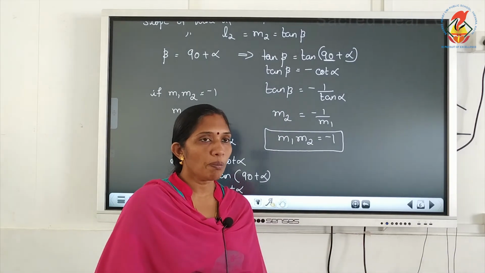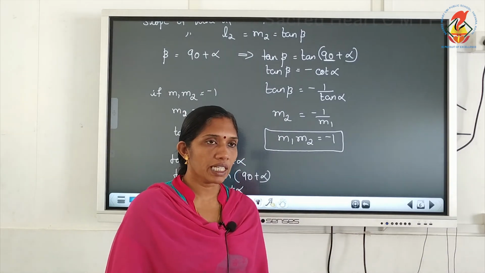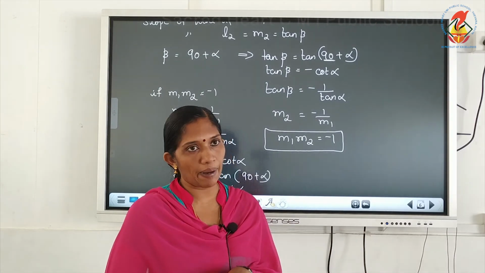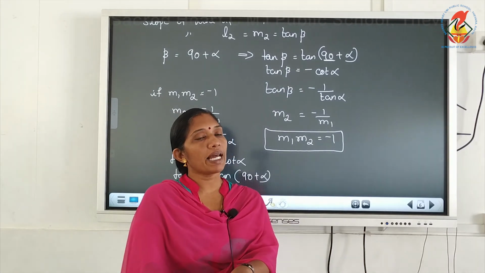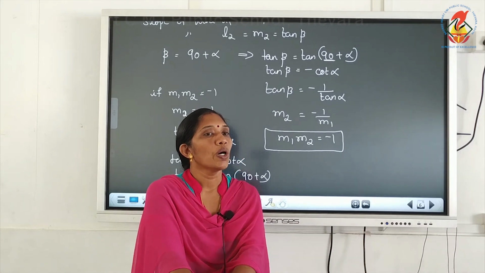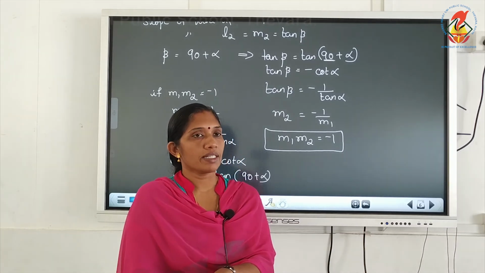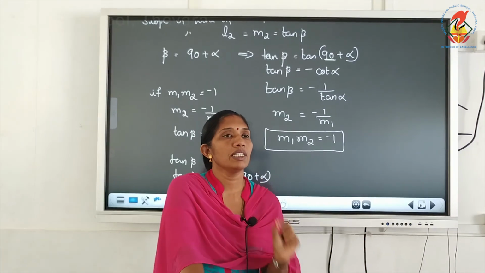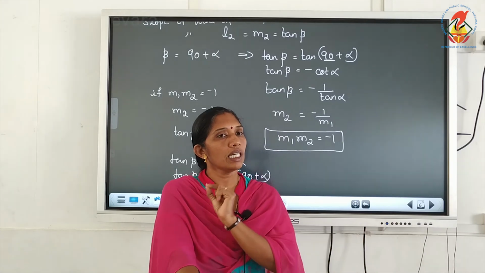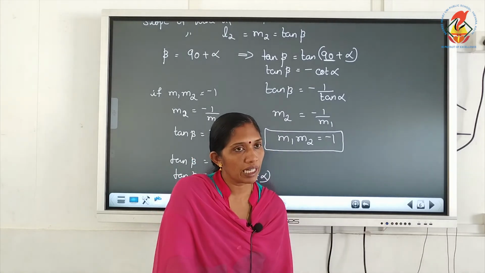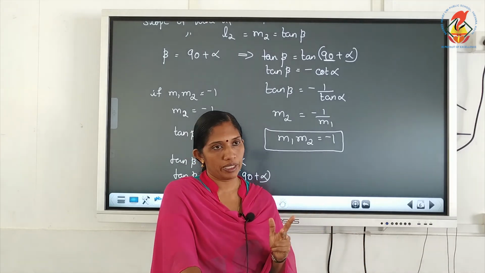Then, slope of a line. If theta is the angle of inclination, m is equal to tan theta. Then if the line is parallel to x-axis, slope is equal to 0; perpendicular to x-axis or parallel to y-axis, slope is not defined. Then the value of theta is 0 less than or equal to theta less than or equal to 180.